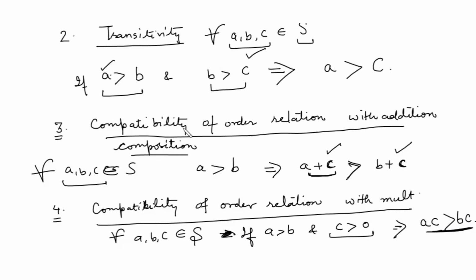So these are the order properties of R or any field. If any field satisfies these four properties, then that field is said to be an ordered field.